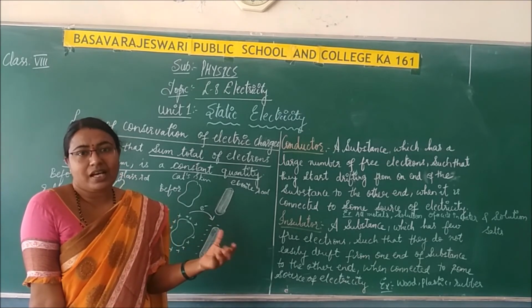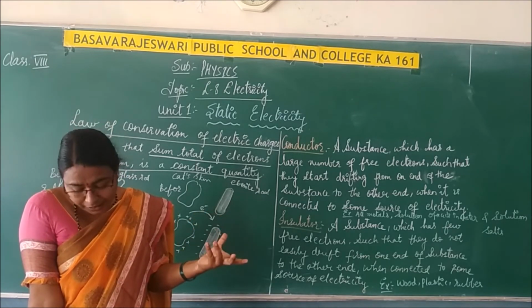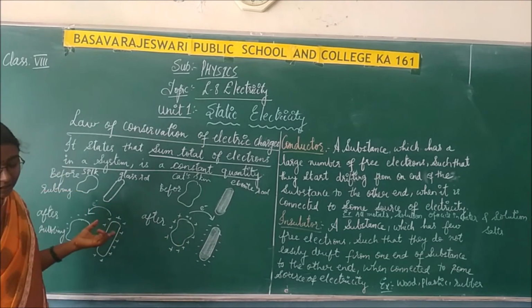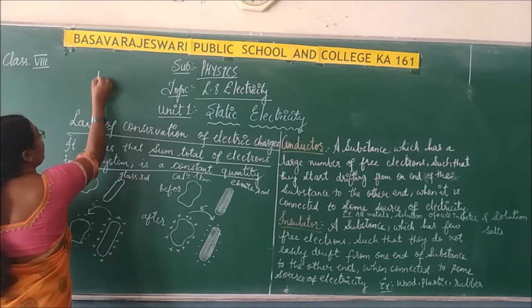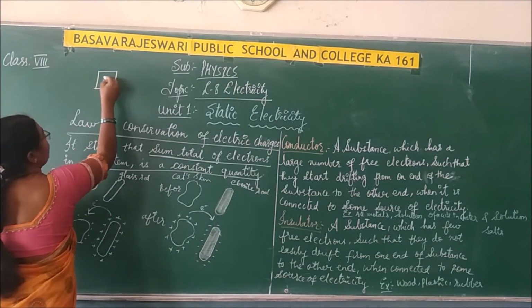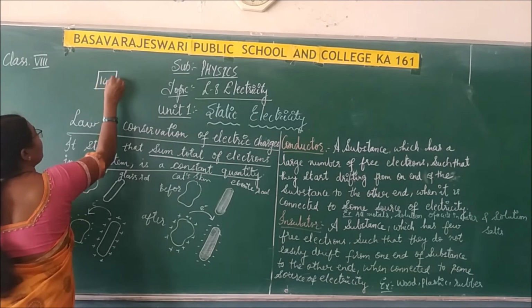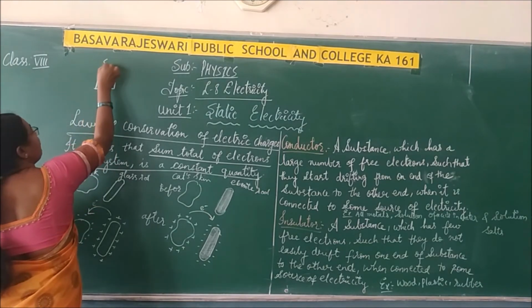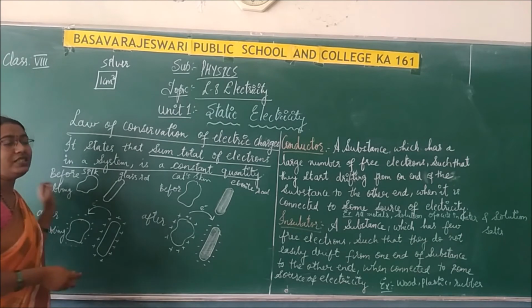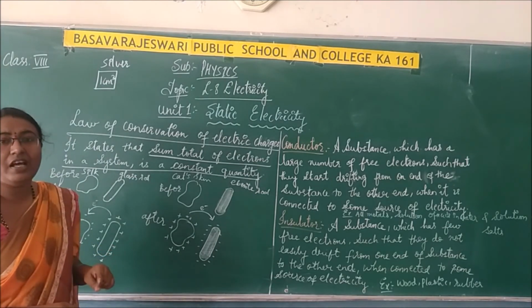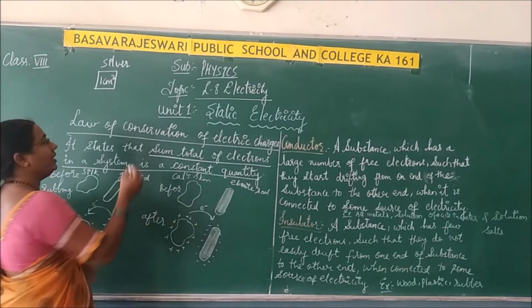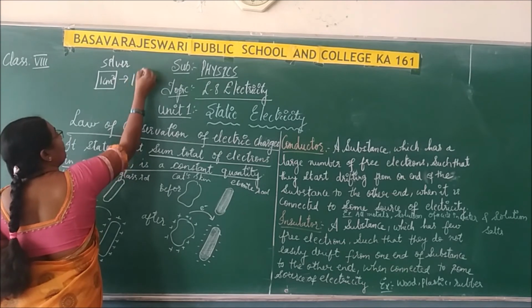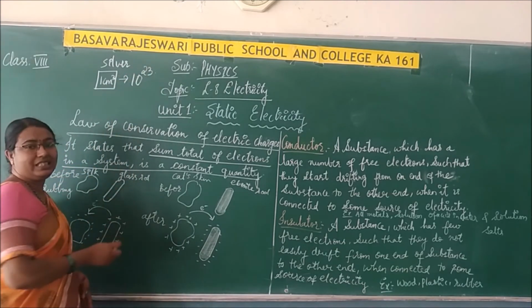For example, when we consider 1 cubic centimeter of silver, the number of free electrons is 10 to the power of 23.